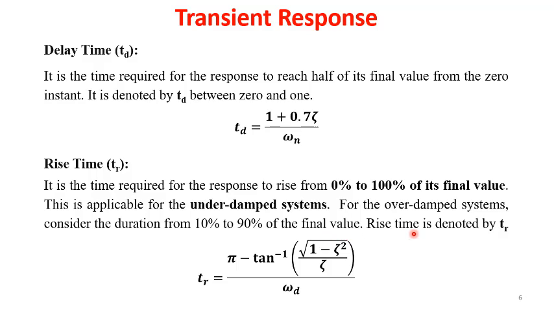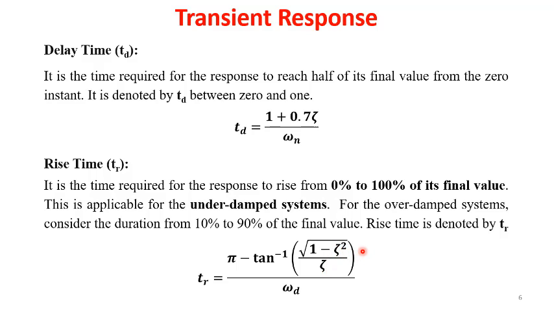The rise time is denoted by TR, and it is given by TR is equal to pi minus tan inverse of root of 1 minus zeta square by zeta, whole divided by omega d. Here omega d is the damped natural frequency, and zeta is the damping ratio.